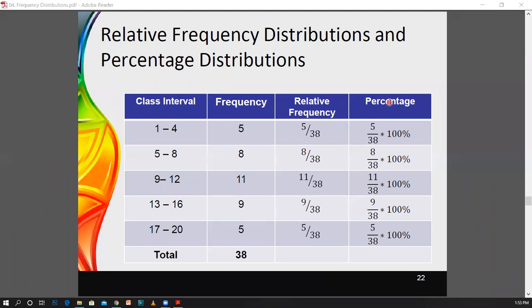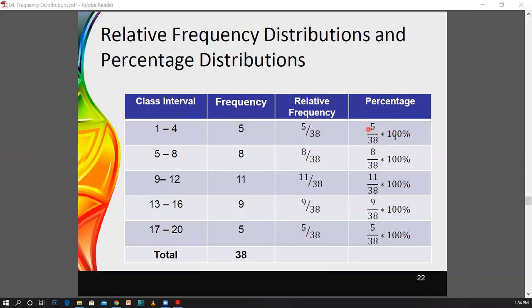And now we will see how we can obtain the percentage distribution. Here we just need to calculate the percentage value. If you have the relative frequency, just multiply that value by 100% to convert it into a percentage value. If not, you have to divide the frequency by the total number and then multiply it with 100% to obtain the percentage value.